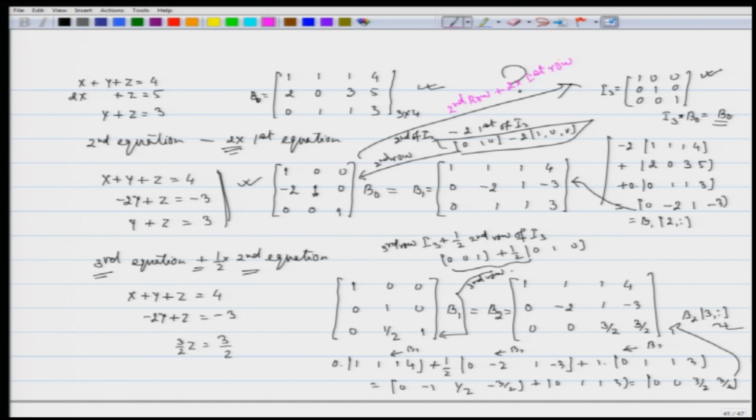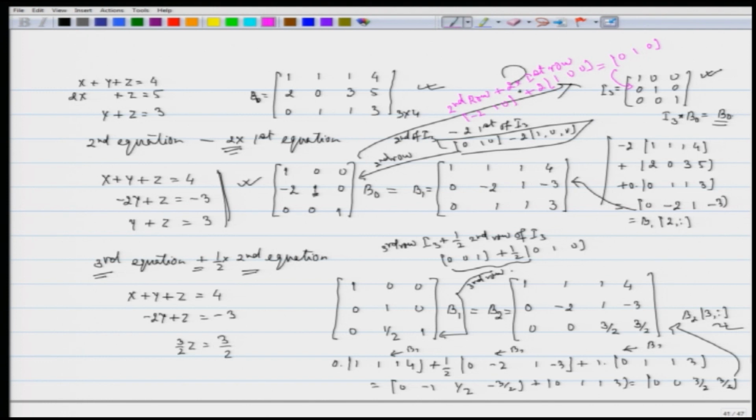So, look at the second row is minus 2 1 0 plus 2 times the first row, and this gives me minus 2 plus 2 is 0, all right. 1 minus 0 is 1 and this. So, I get back the second row as it is. Is that okay?